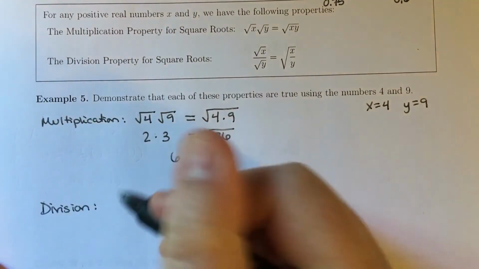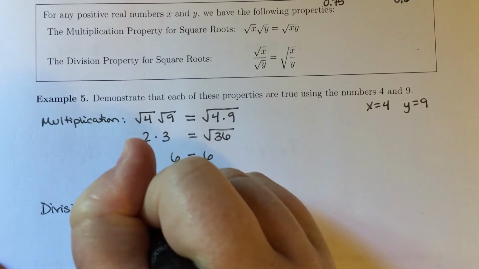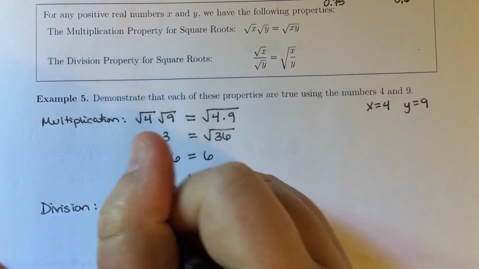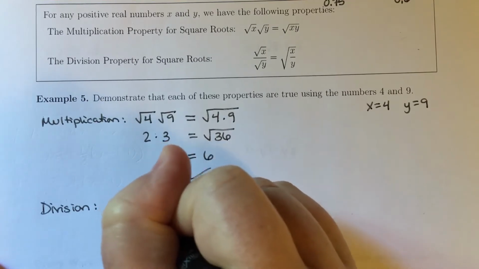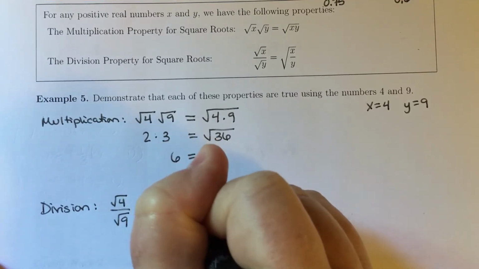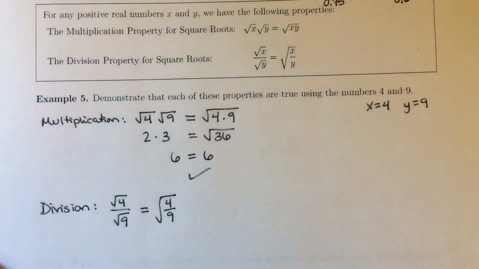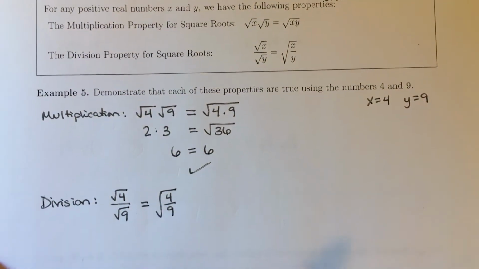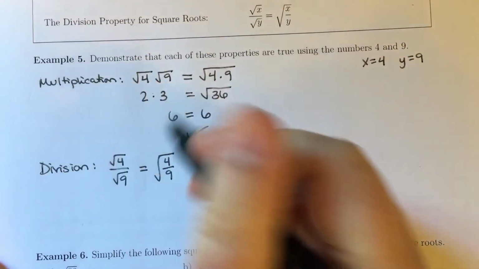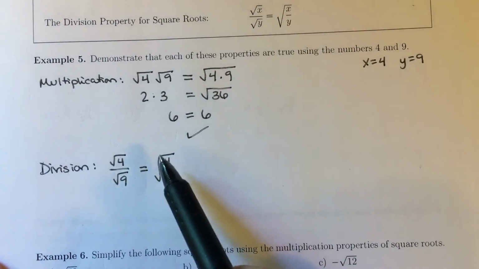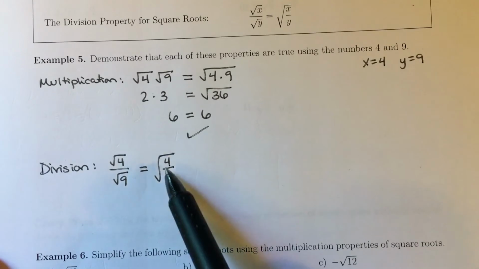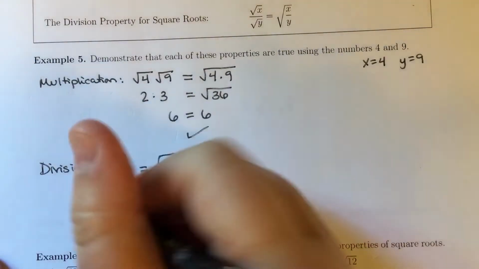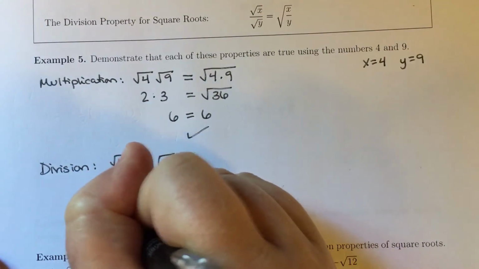For division, this time instead of the square root of x, we're going to use the square root of 4 and the square root of 9. And we want to know, does that equal the same as the square root of 4/9? This one's a little weirder to demonstrate because, at least how I teach this, to do the square root of 4/9, we would do the square root of 4 over the square root of 9, and that way we would get 2 over 3.